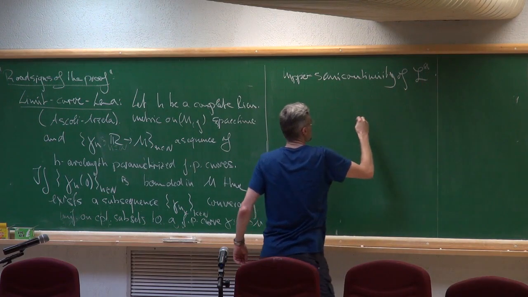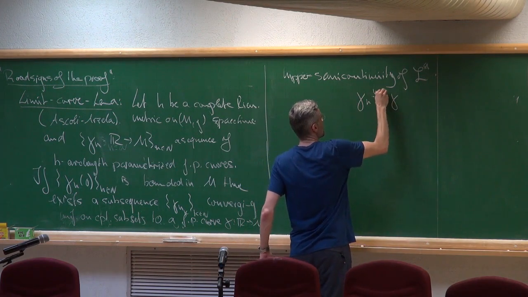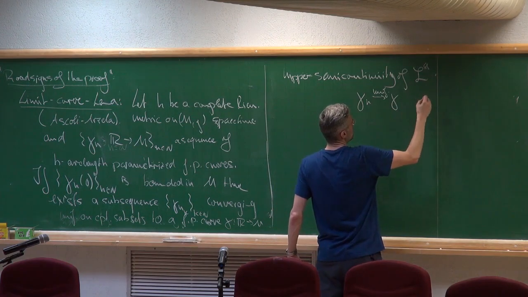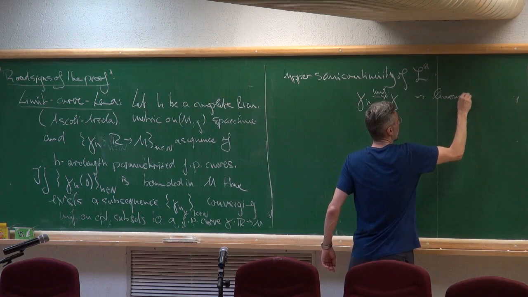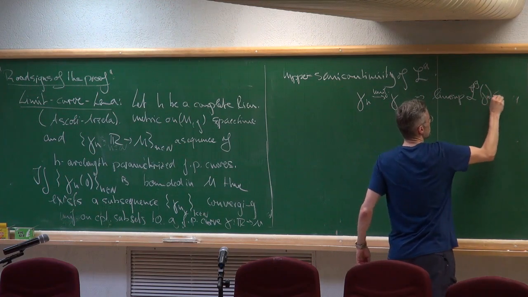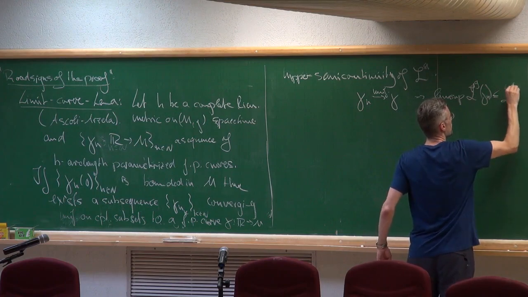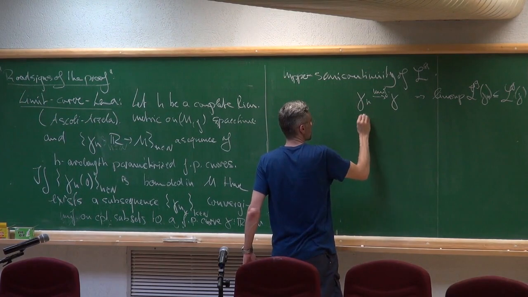And that simply says if γ_n converges uniformly to γ, then the lim sup of the lengths of γ_n is smaller or equal to the length of γ, where these should be future pointing curves.